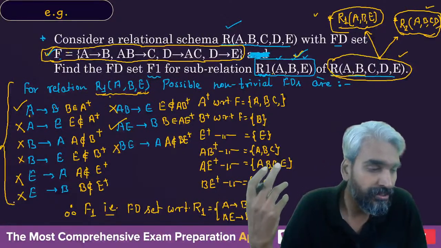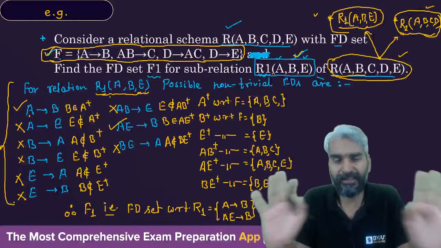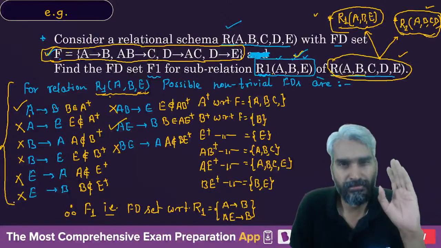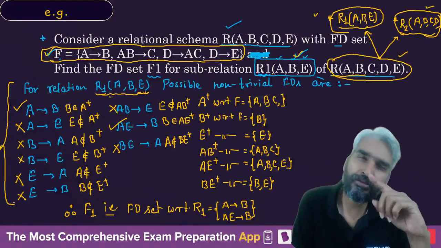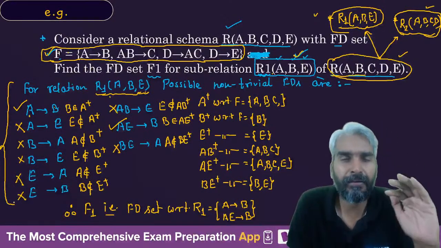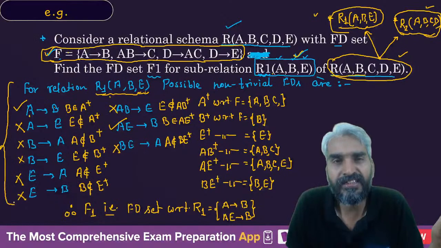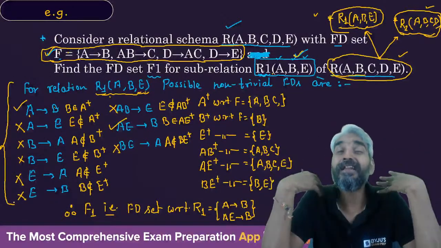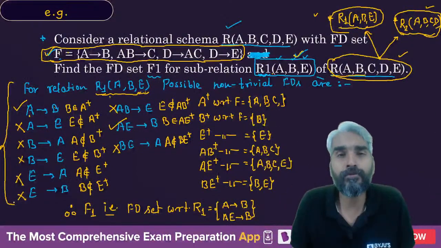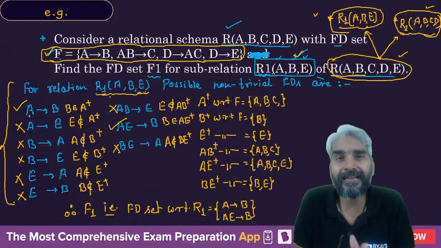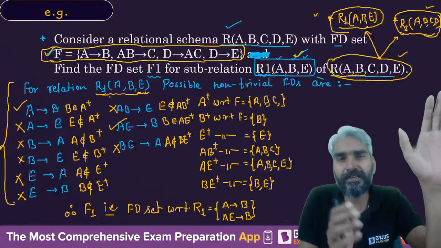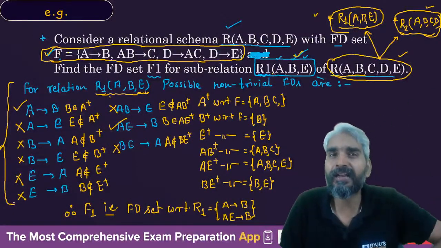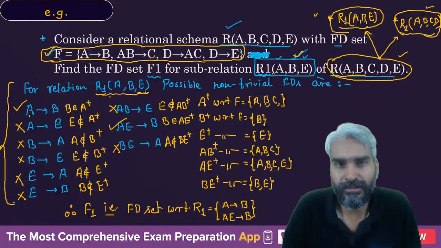So I hope you have understood the use of the membership test: it directly checks whether a given FD is a member of a given FD set, it checks the relationship between two different FD sets, and if you have a relation, you can use it to provide the FD sets of the sub-relations.